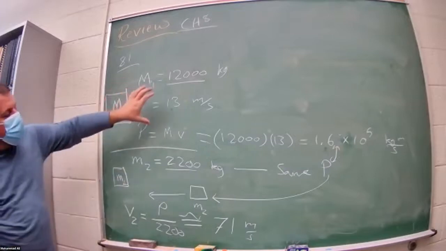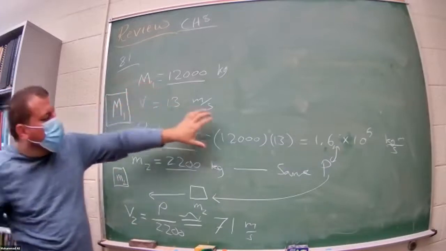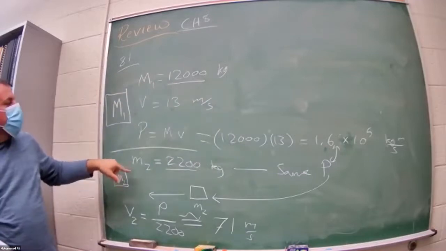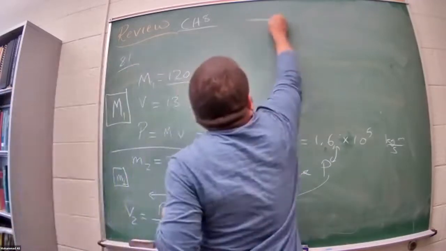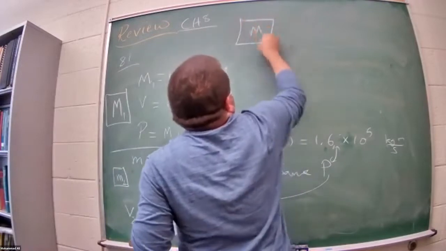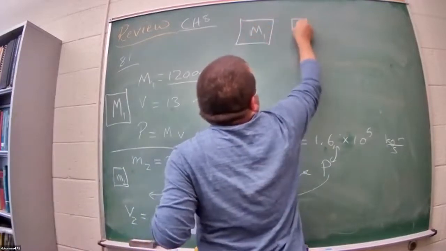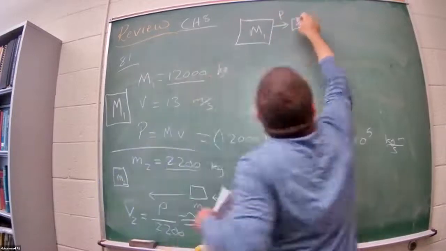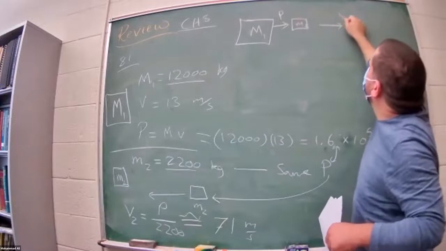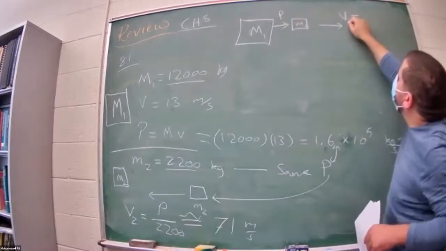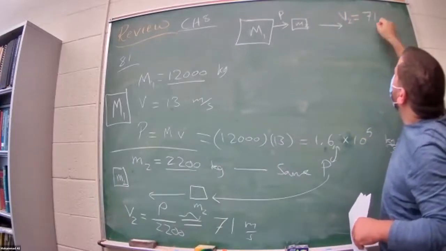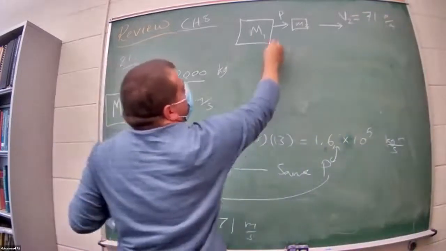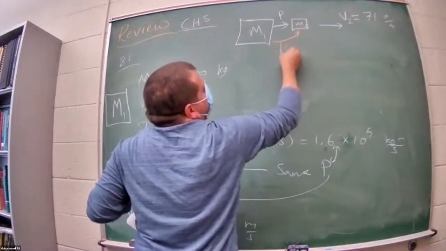If we take the momentum for the first mass and give it to the second mass, the smaller mass, then its velocity is equal to 71 meters per second. What if we give it the kinetic energy?